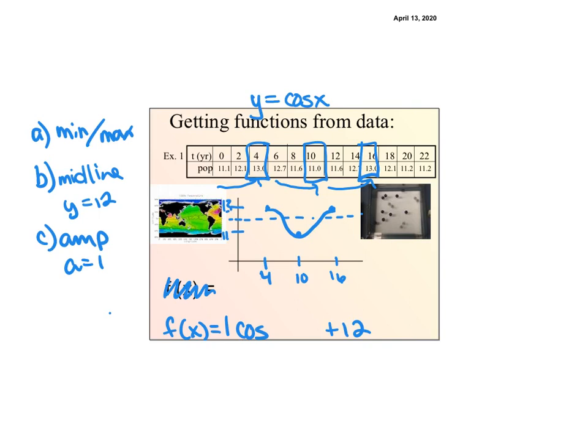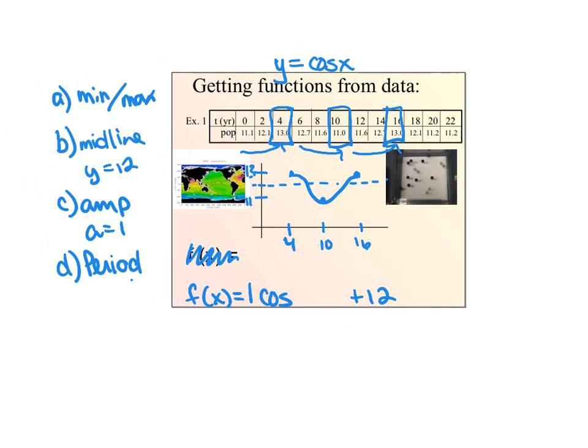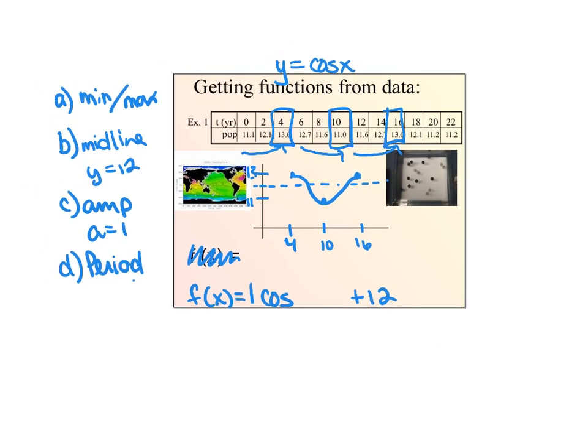Okay, next we need to figure out the period. The period of this function looks like it starts at 4 and goes to 16. So 16 minus 4 means that the length of each cosine wave, this length right here, is 12, and then it repeats itself.